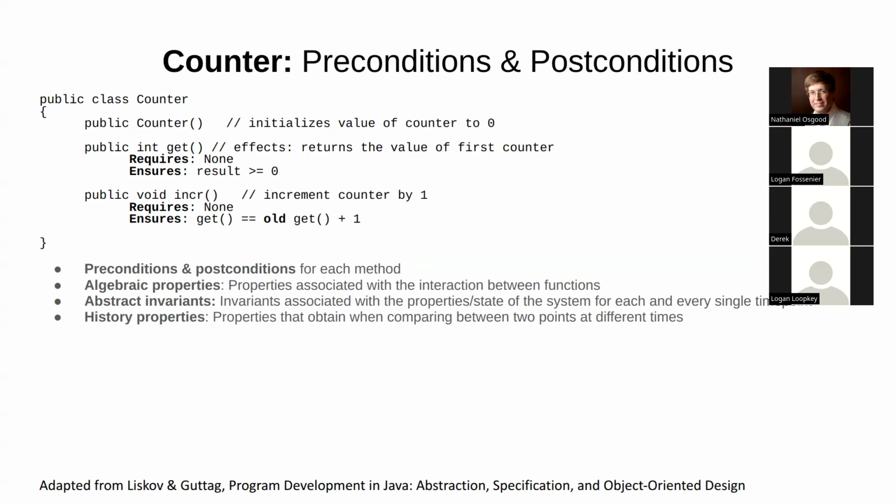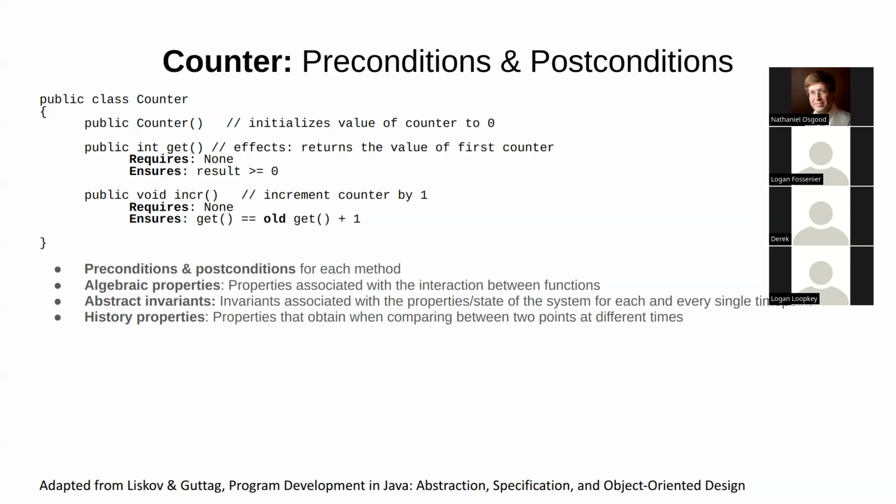It is of necessity in this interface. There is no way you could produce a counter whose value is less than 0. I don't care what sequence of previous calls were invoked on this thing, or how long ago it was created. Its value is always greater than or equal to 0.